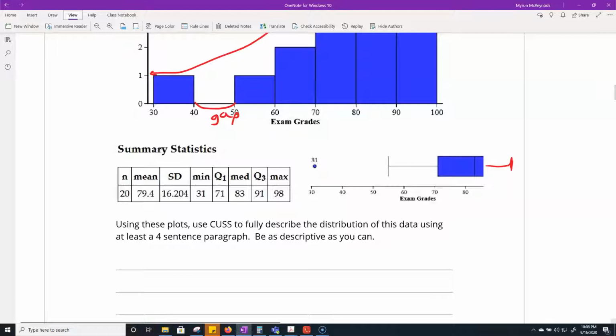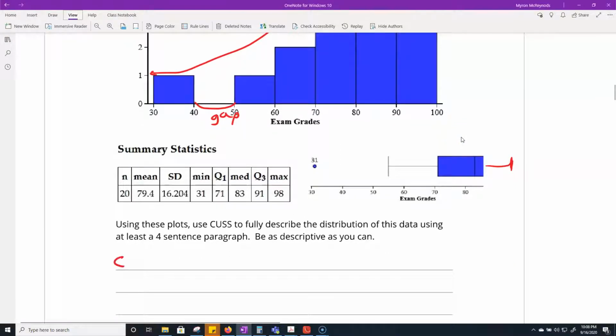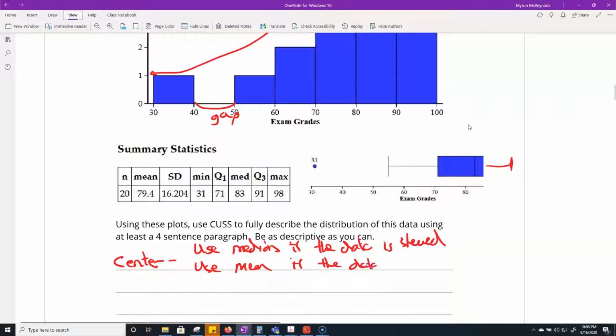And the first thing I want to talk about is center. For center, you want to use the median if the data is skewed, and you want to use the mean if the data is symmetric.